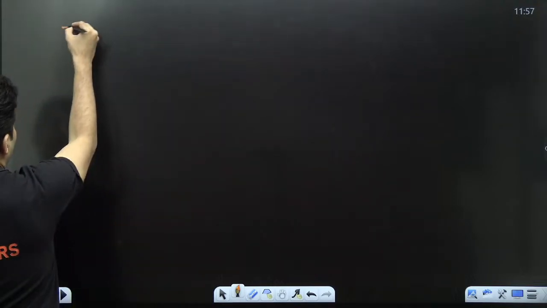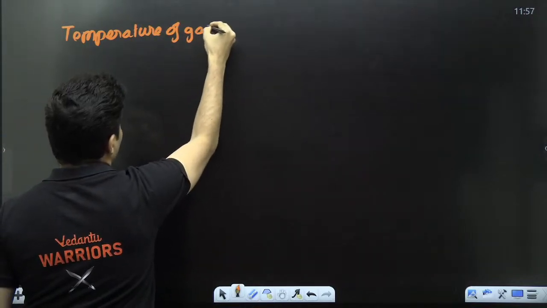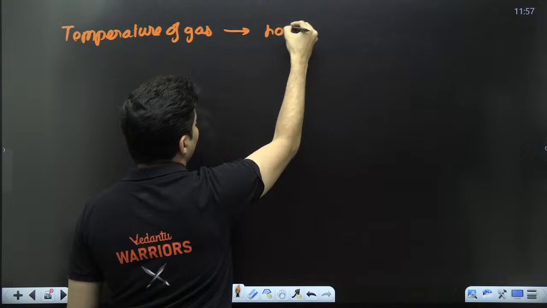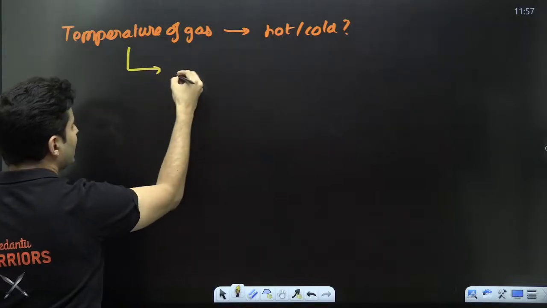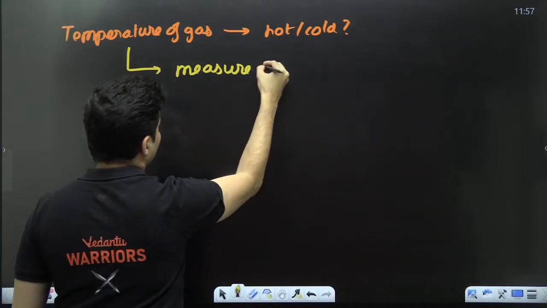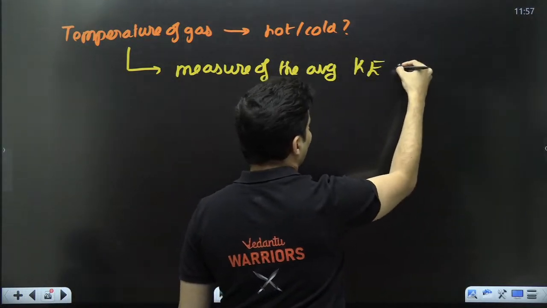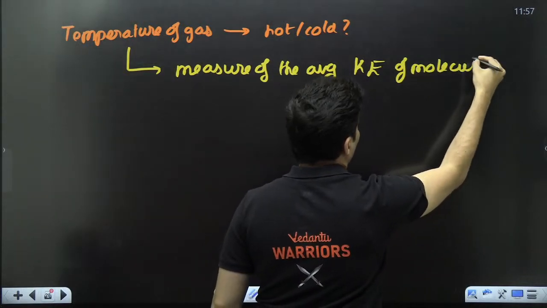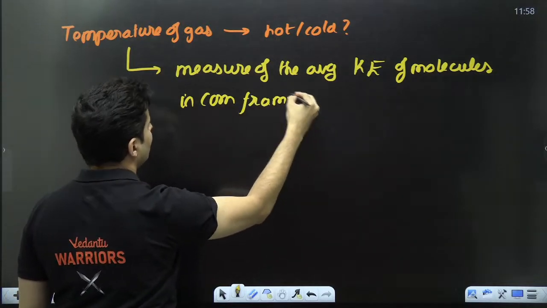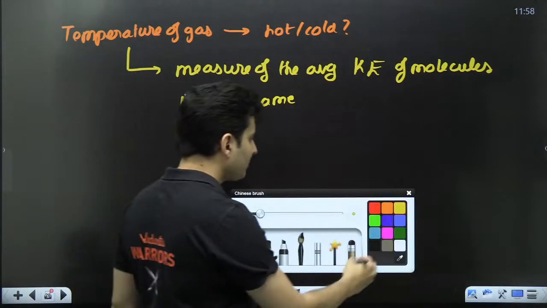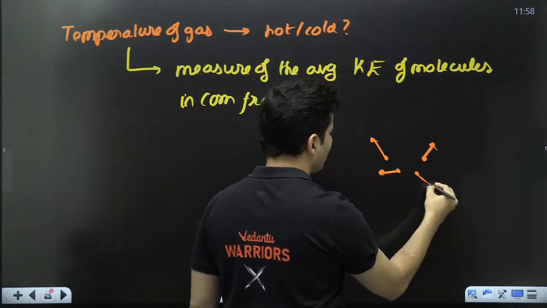When we talk about the temperature of a gas, we generally think of how hot or cold it is, but the way we define temperature in physics, temperature is a measure of the average kinetic energy of the molecules in the center of mass frame. Meaning, let's say one molecule is going here, one molecule is going here, one molecule is going here, like this.